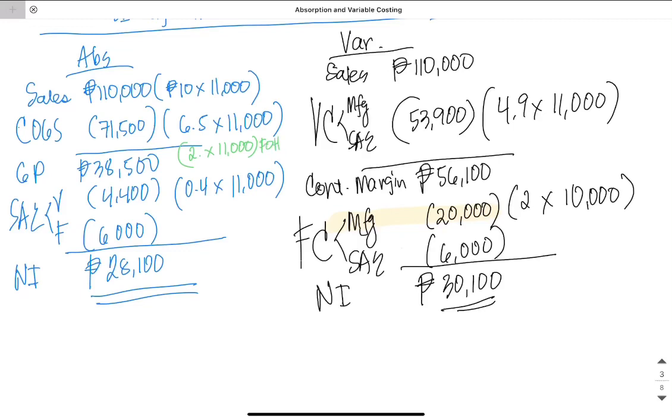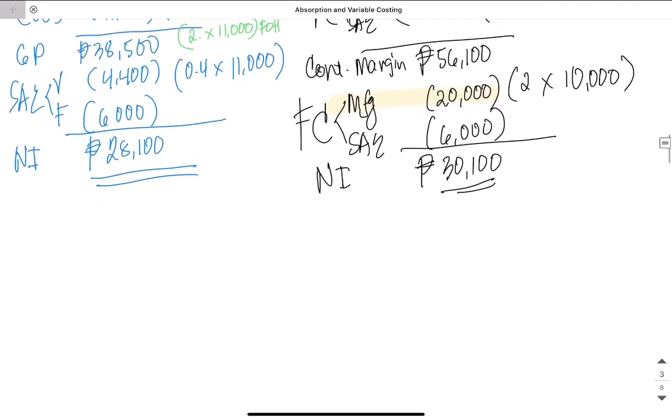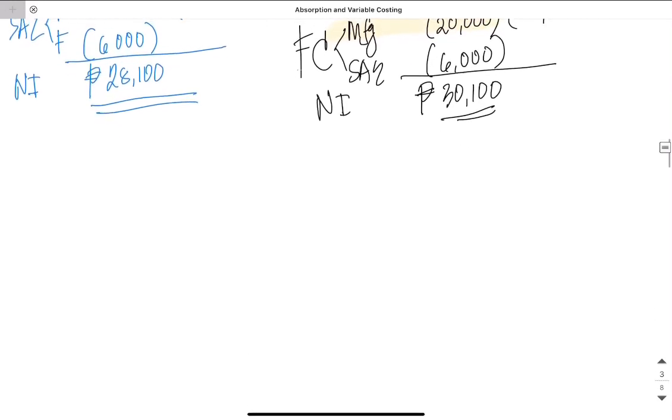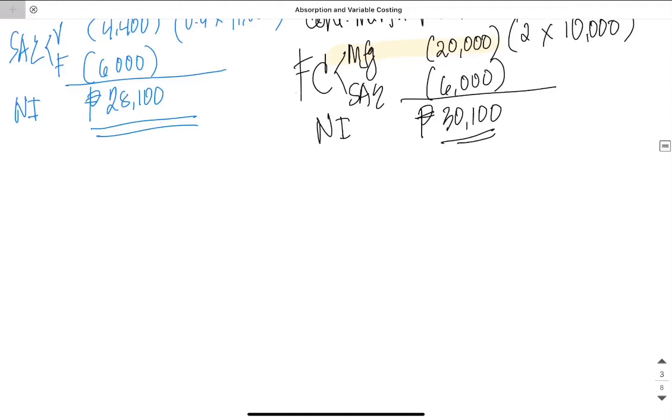So there is a difference of 2,000, and that's solely because of the fixed overhead cost. Okay, so in summary, class, we have production.